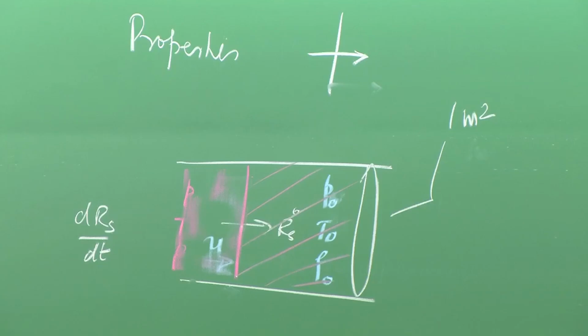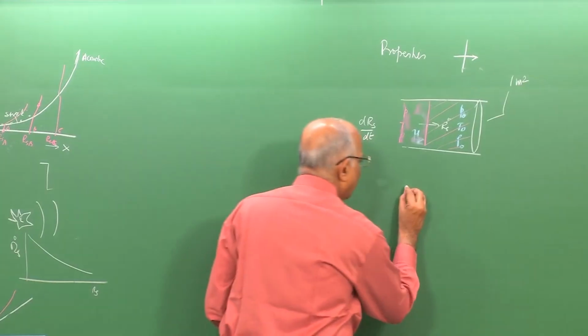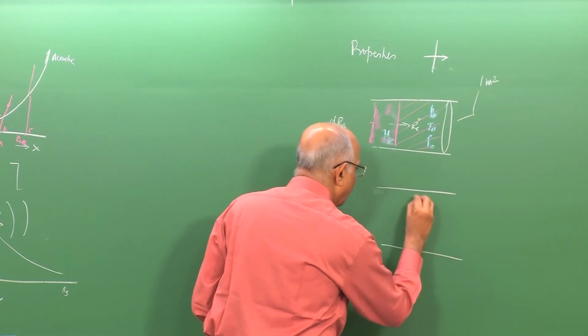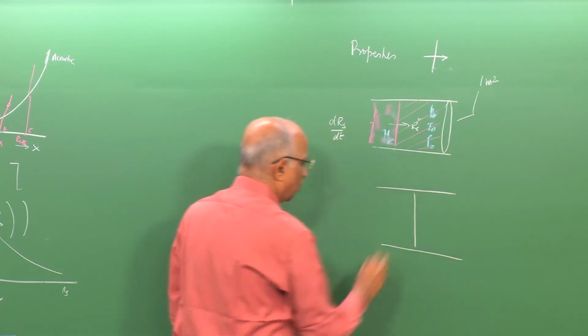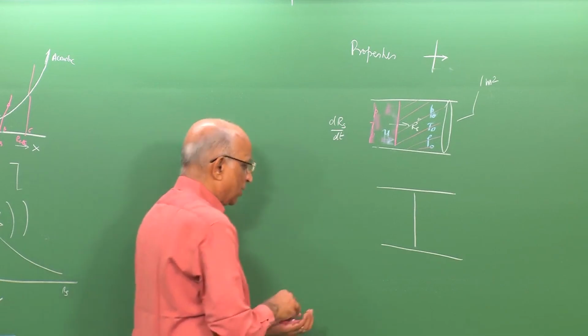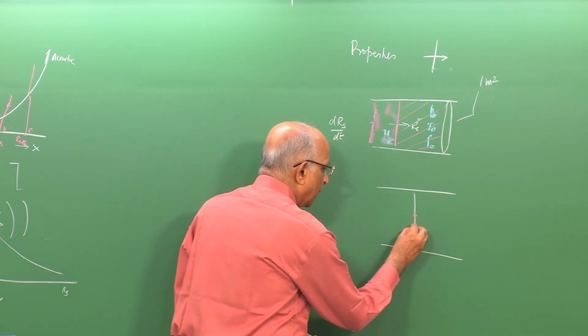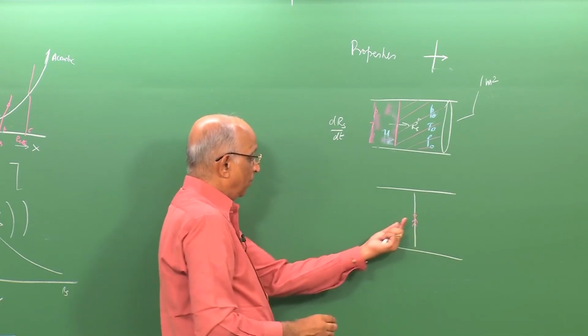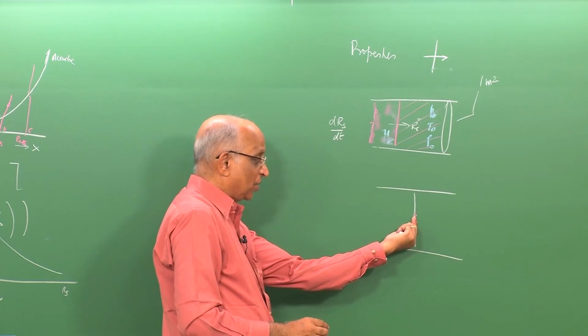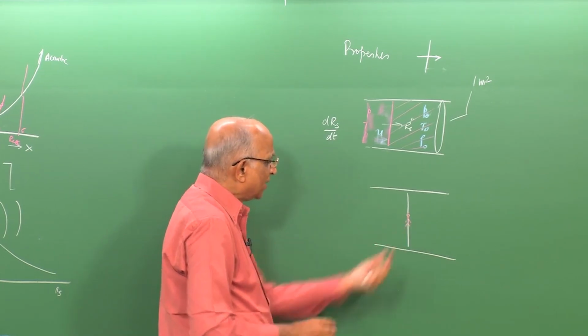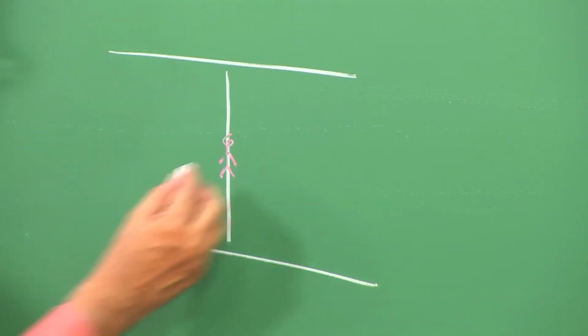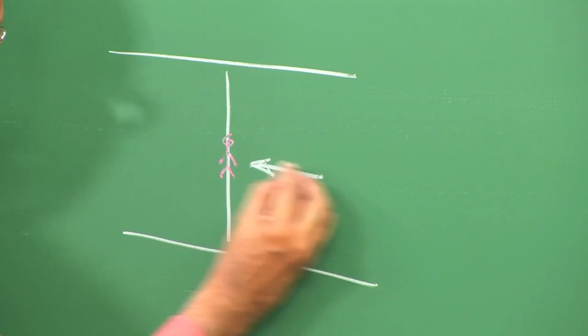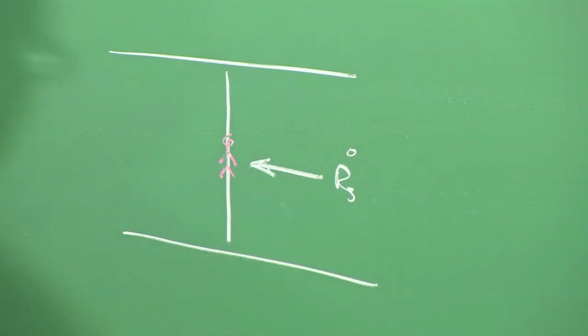To be able to do a problem with a wave moving is difficult, and what we do is we keep the frame of reference of the shock to be stationary. In other words, I sit on the shock wave such that my plane of reference is the shock itself, and when I look at this, what is going to happen? Well, the medium is going to move towards it at velocity R_s dot.